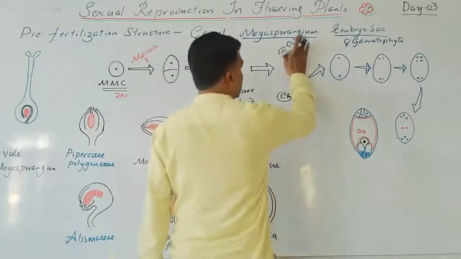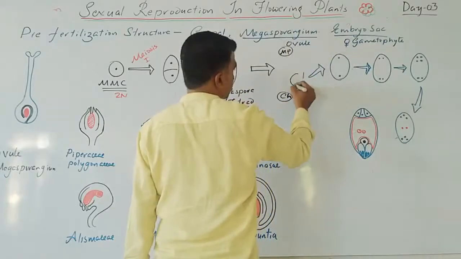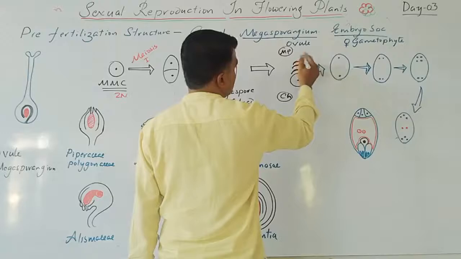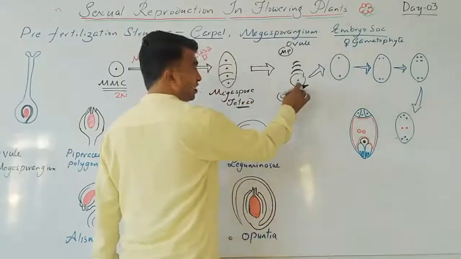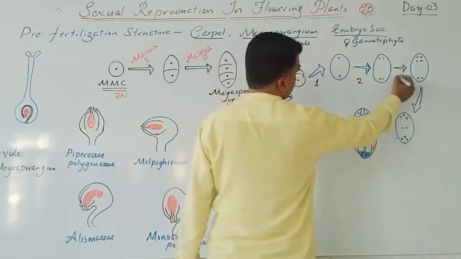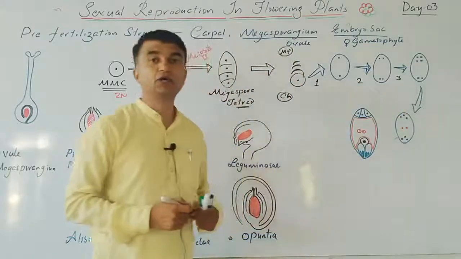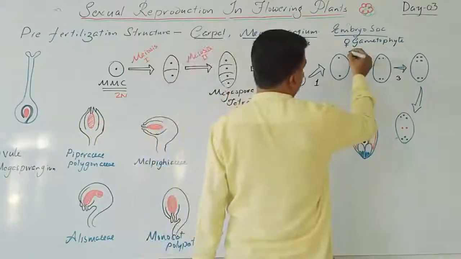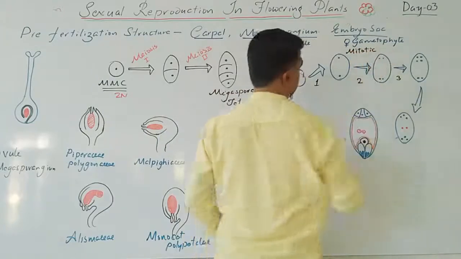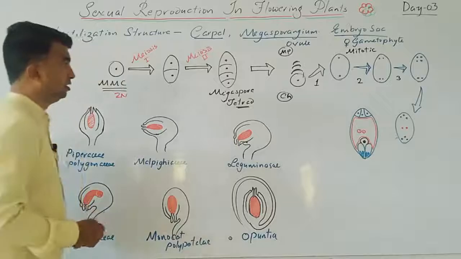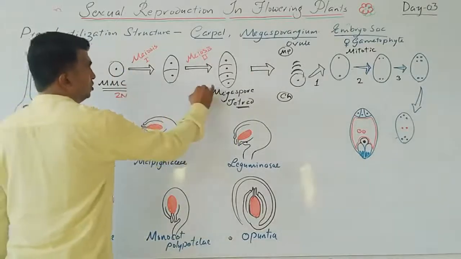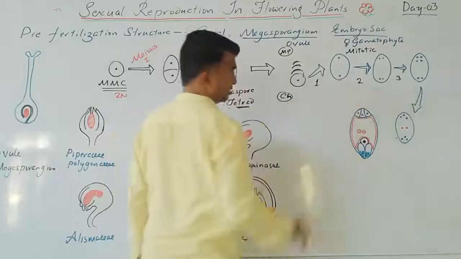But in your textbook, they have only monosporic, right? One functional megaspore, and three megaspores at the micropylar end degenerate. This functional megaspore undergoes the first, second and third mitotic divisions. So ultimately, if it is a monosporic embryo sac, one meiosis and three mitoses take place.